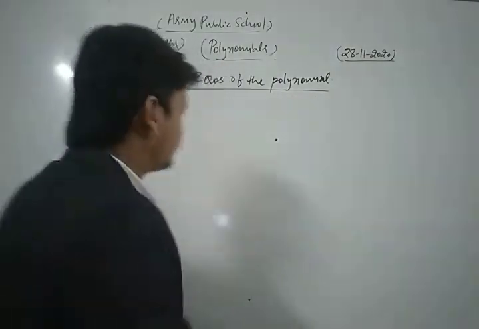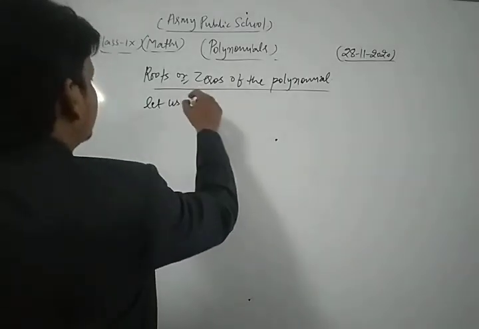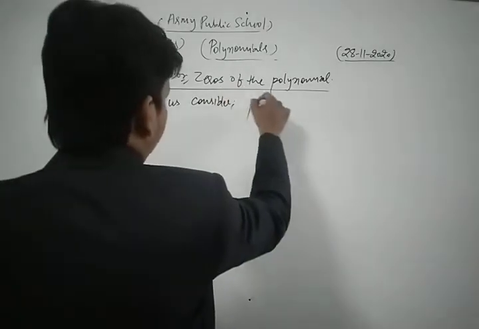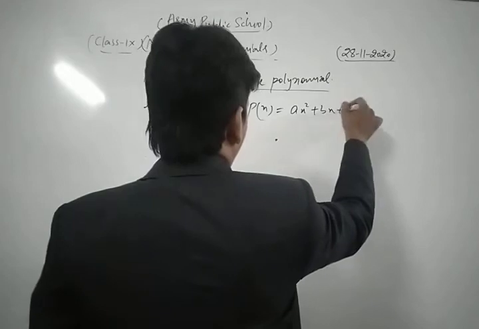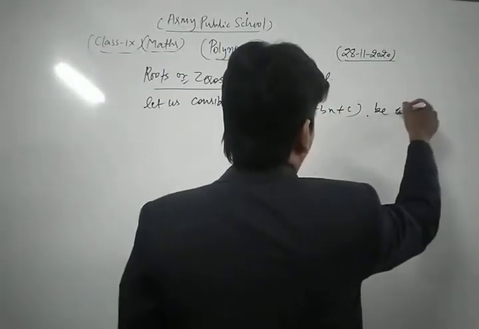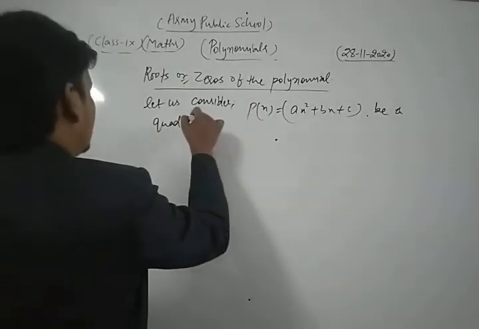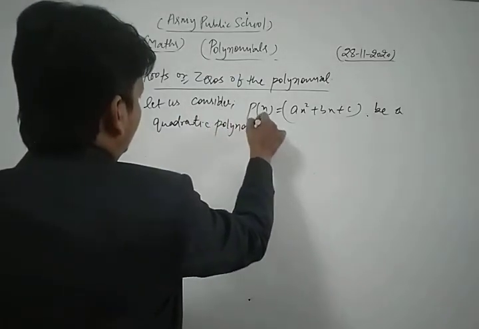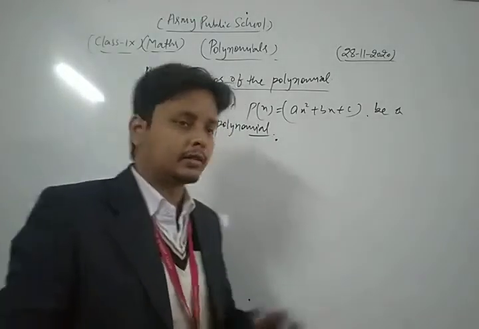Dear students, let us consider p(x) to be any polynomial defined by ax square plus bx plus c, a quadratic polynomial, in which a, b, c are any real numbers.